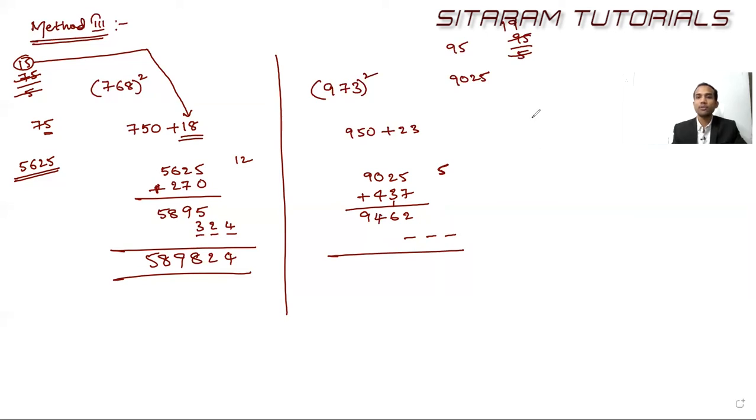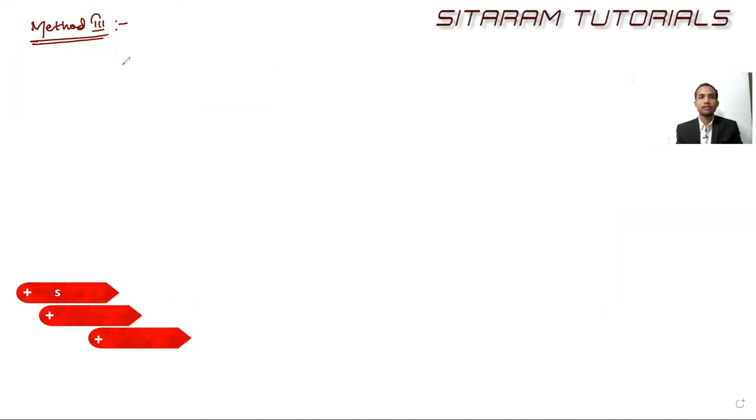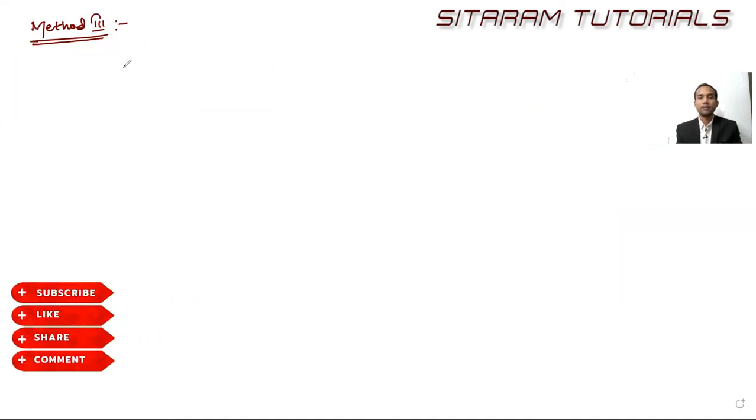For this method, if you learn the squares till 25, you can find the square of a number using this method in less than 5 seconds. If you know the tables till 20 and if you know squares till 25, that's all. So 23 whole square is what? 529. So 927,649. That's all.